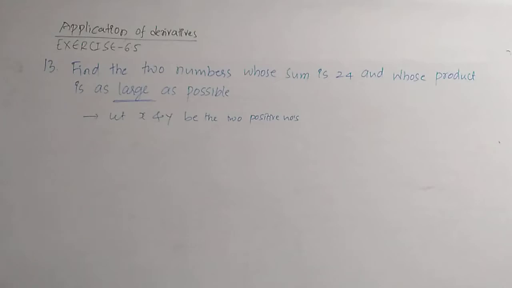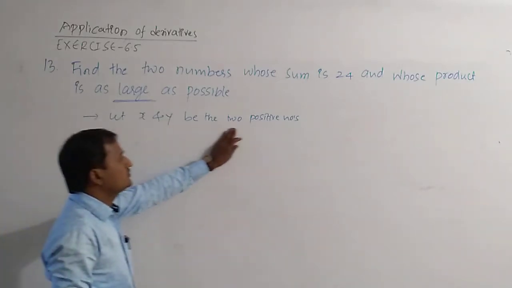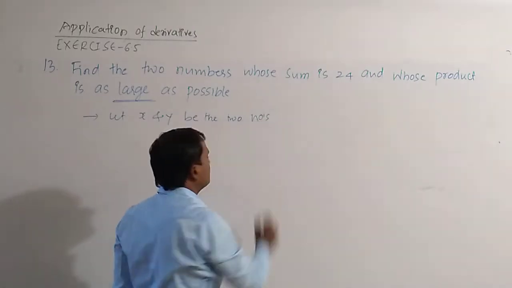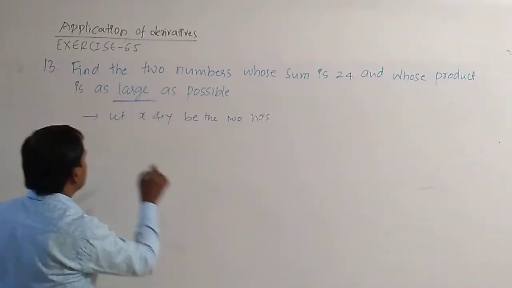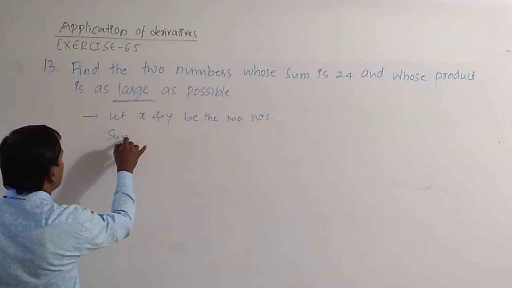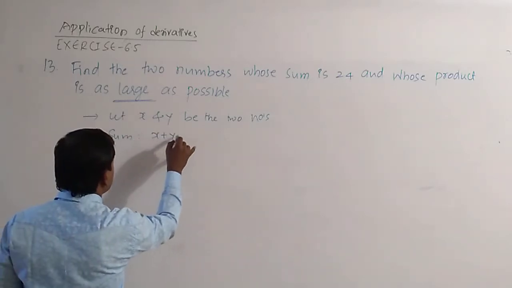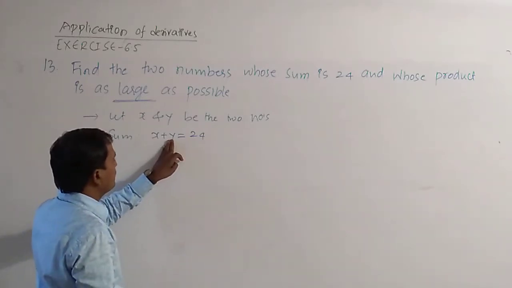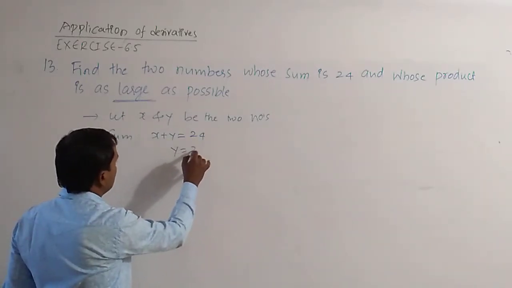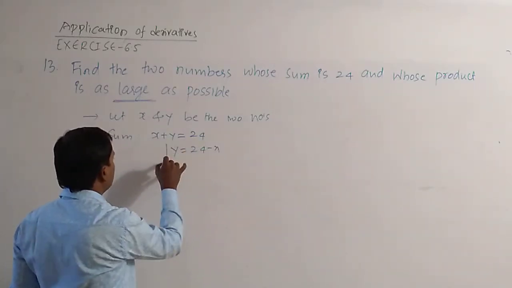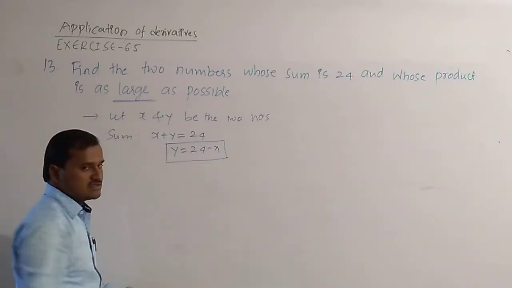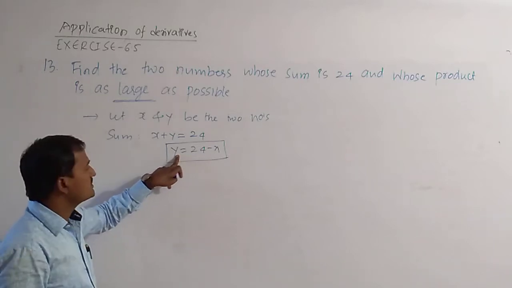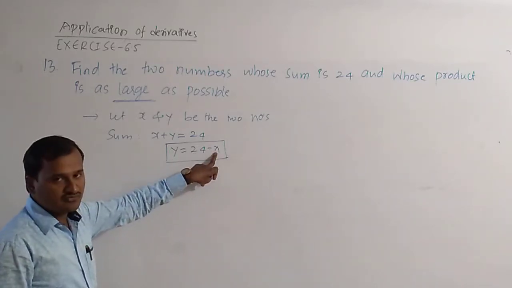Whose sum, means we will take the sum of these two numbers, that is x plus y, is equal to how much? They are given 24. So from this we will write y is equal to 24 minus x. Is it right? Just take this x to this side. Here we are getting the value of y is equal to 24 minus x.